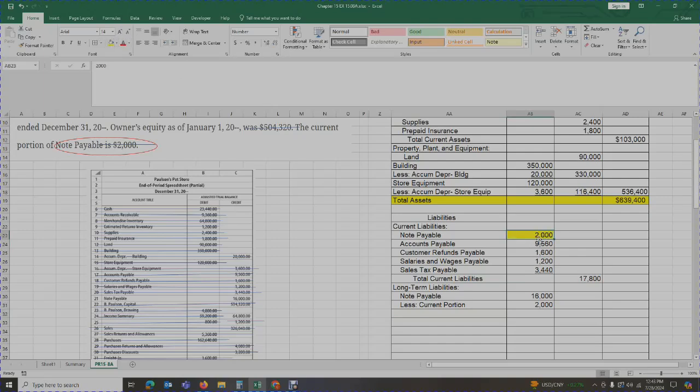We've already put it up there, so we're going to deduct it from the bottom. Let me remove that, and then we can calculate our long-term liabilities, which will be your $16,000 minus your $2,000. That'll be $14,000. So now I can calculate my total liabilities.